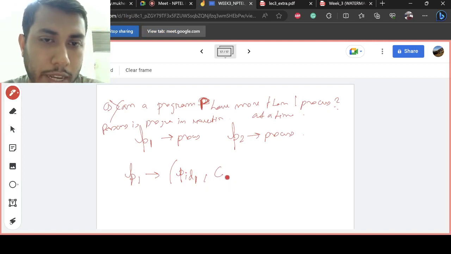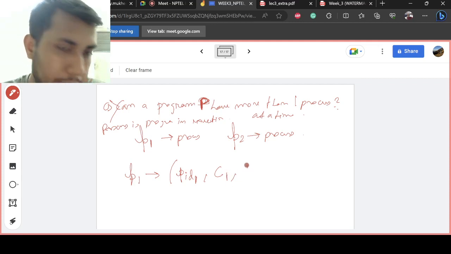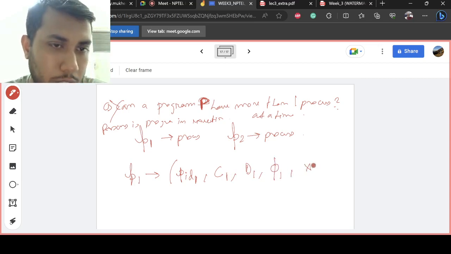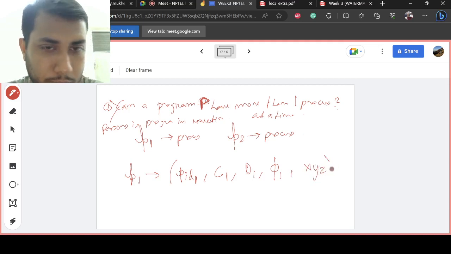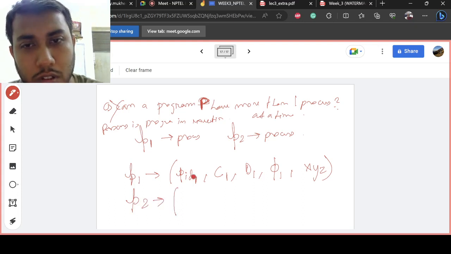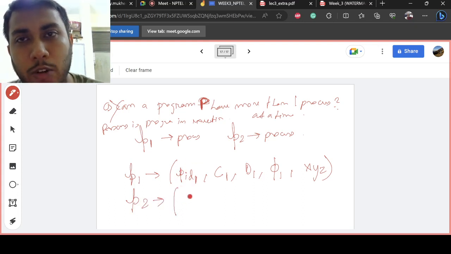So process P1 has its own identifier, PID1. It has a code area, let's say C1. It has a data area D1. It has some register values, phi1, and some program counter value, let's say XYZ. Now say there is P2. Will P1 and P2 have the same identifier?